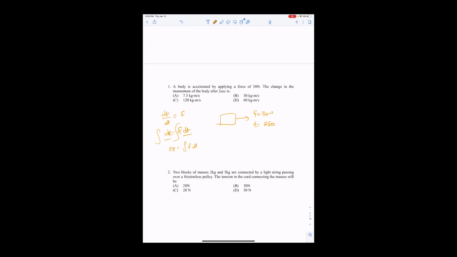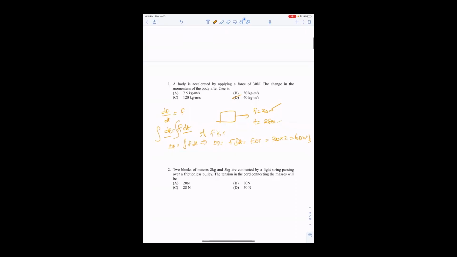If F is constant, then delta P is F comes out of the integral, dt, which is F delta t. So in this question, force is constant, it comes out of the integral. So F delta t, F is 30, delta t is 2, so 60 kg meter per second. Also be clear about the units, guys. This is the first one.